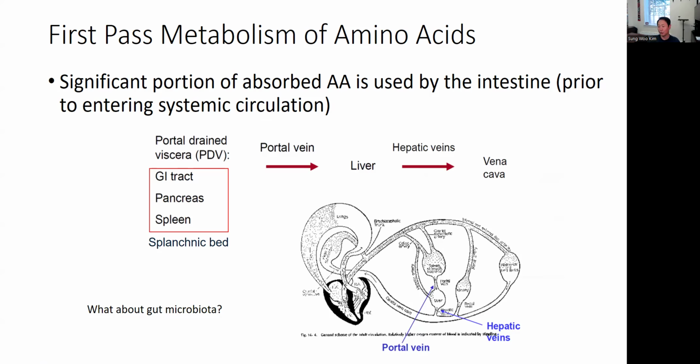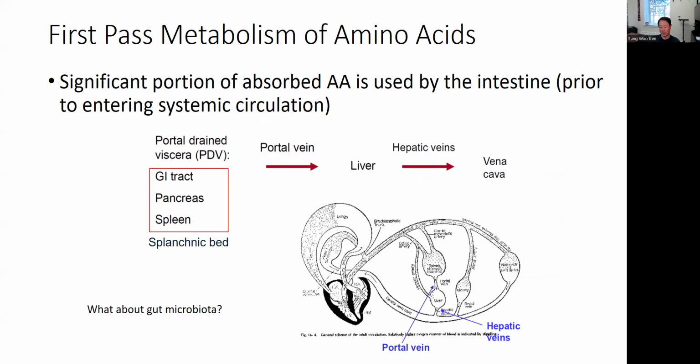They need to use nutrients. They need to use amino acids to make proteins, important enzymes, and so on. So there will be first pass metabolism of amino acids. But how much?